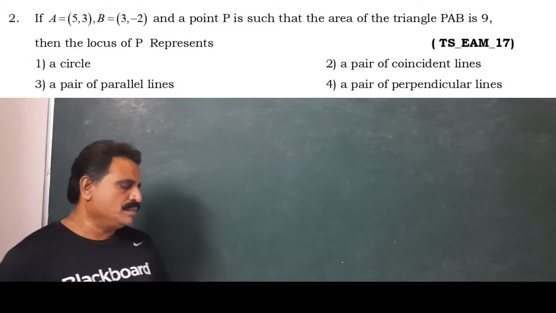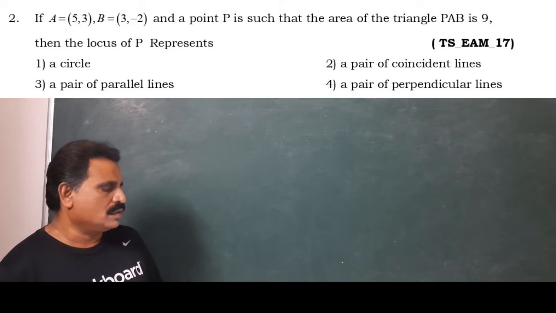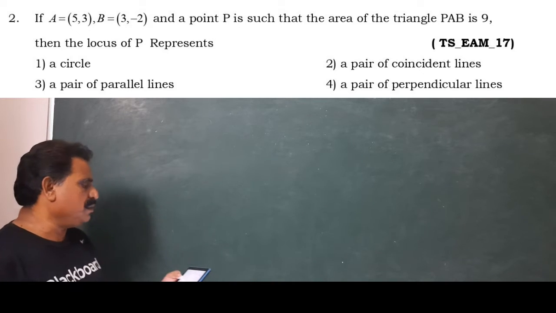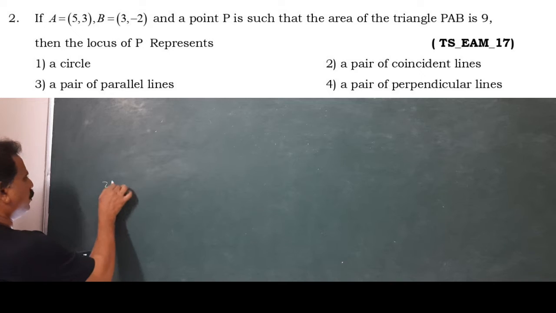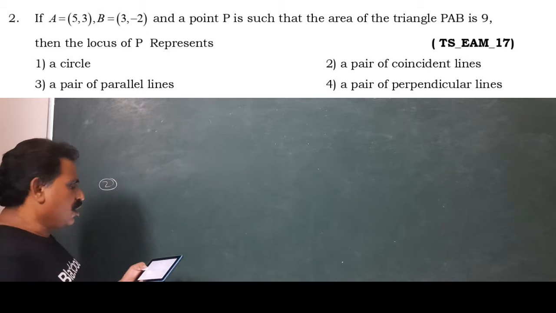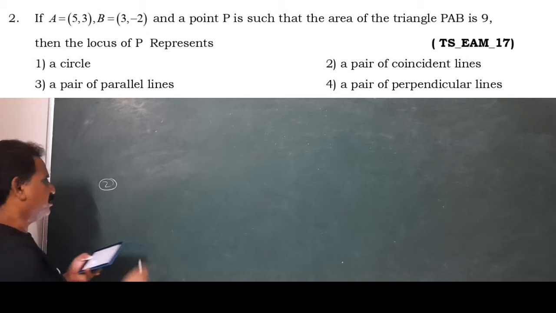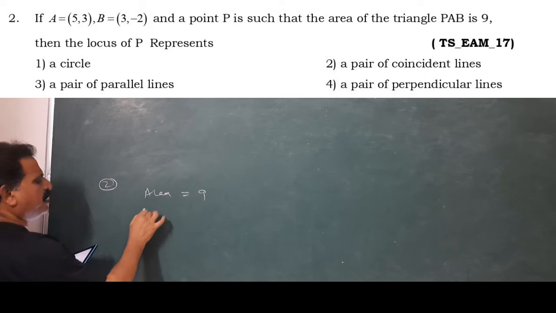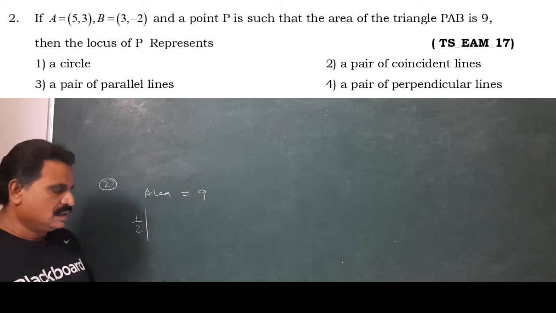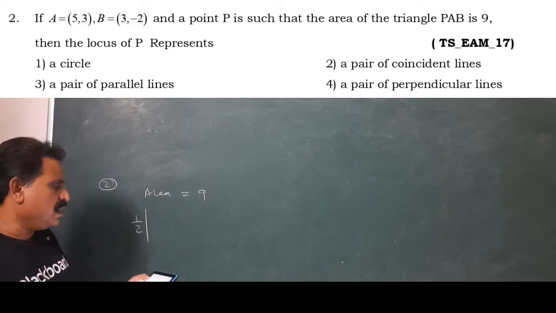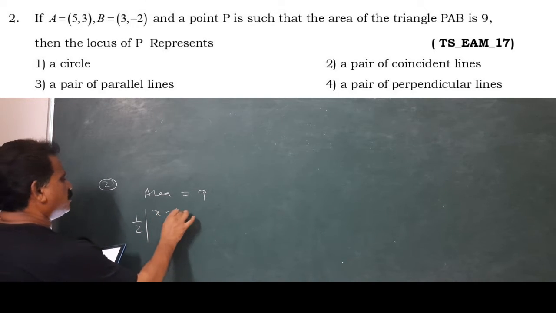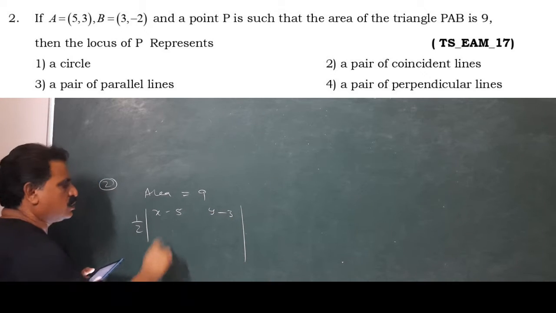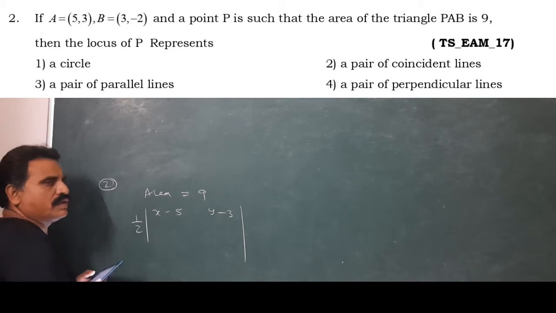Second question. A (5, 3), B (3, -2) and a point P is such that the area of triangle PAB is 9. If 3 points are given, P is taken as (x, y). A is (5, 3), so x minus 5, y minus 3. That means x1 minus x2, minus x1, y2 minus y1.